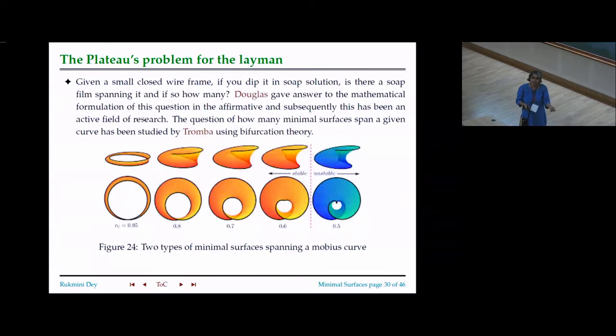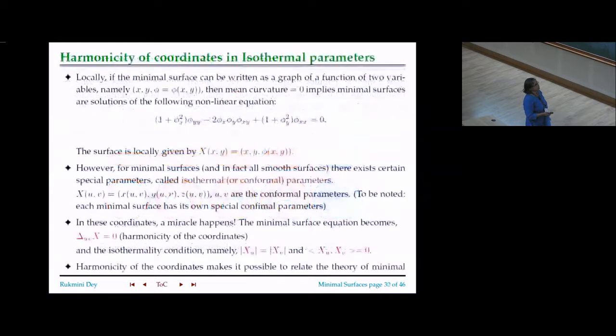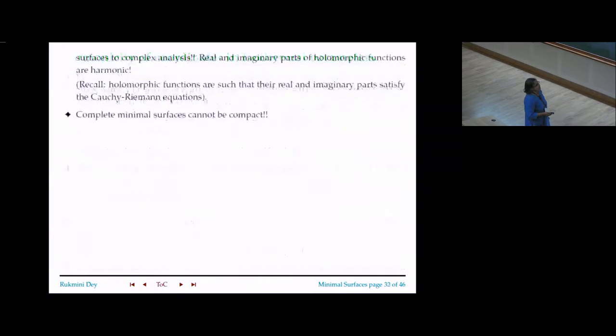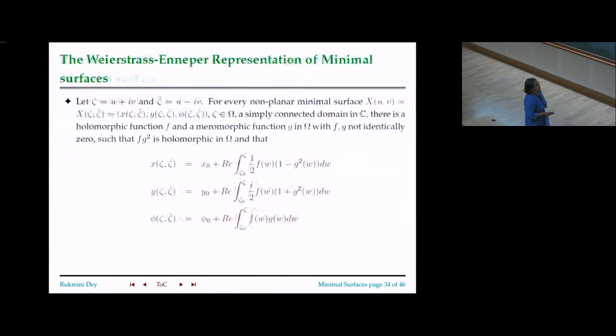You have a wireframe, you dip it in soap solution. Every time you see, if you're lucky, a different new minimal surface. How many are there, you may ask this question. This turns out to be a very deep theory called bifurcation theory, or actually more generally catastrophe theory. Okay.